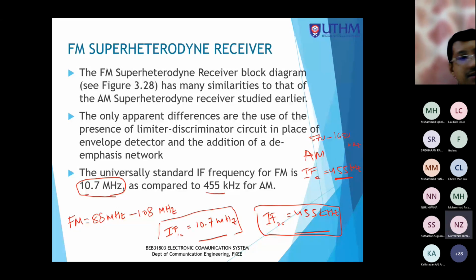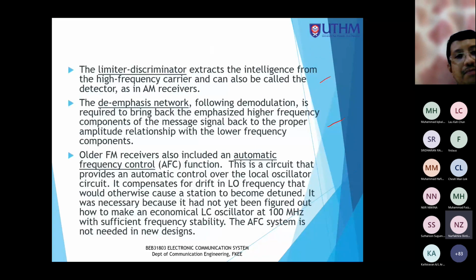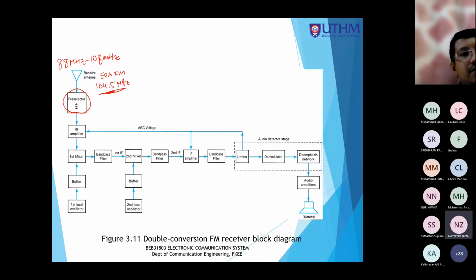This is the thing that we need to remember. That means the first down conversion is 10.7 megahertz, and the second IF is 455 kilohertz. So this is the center of the IF.